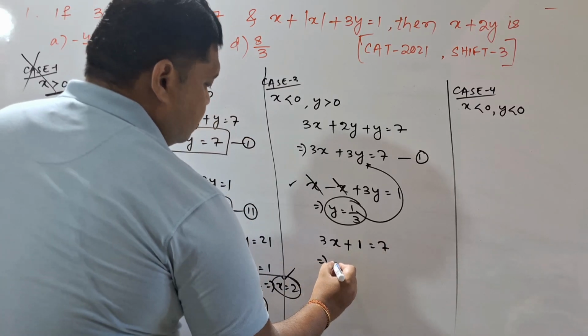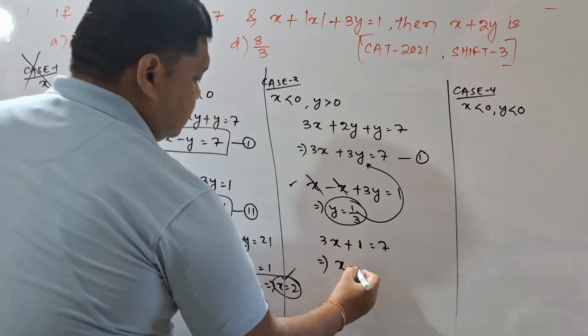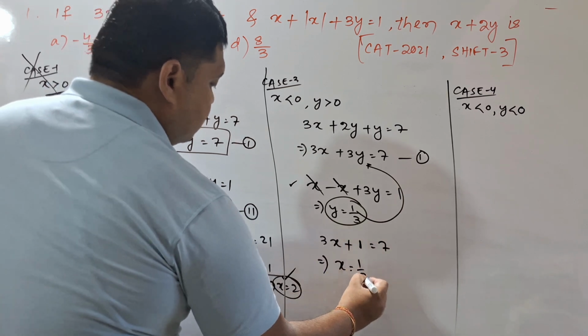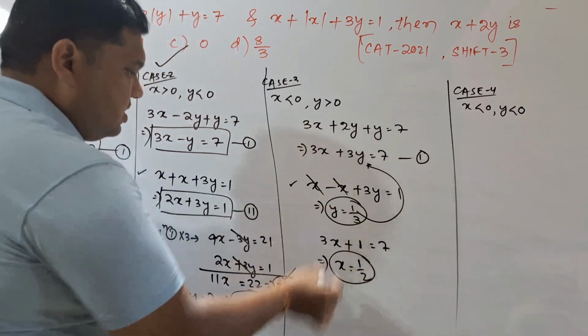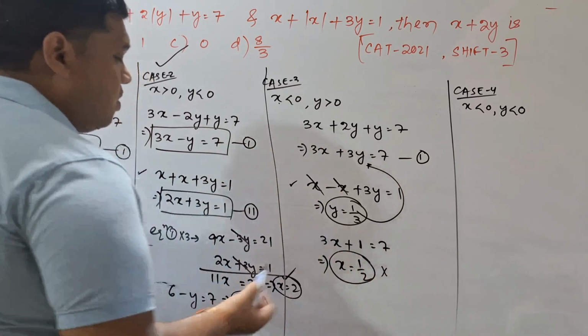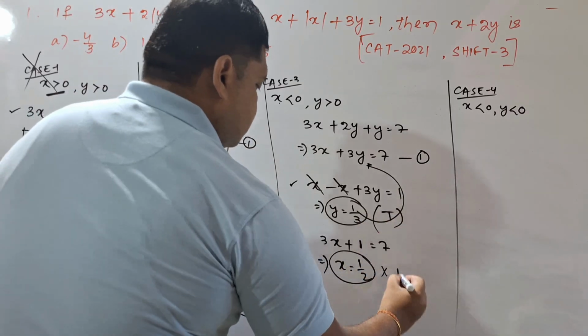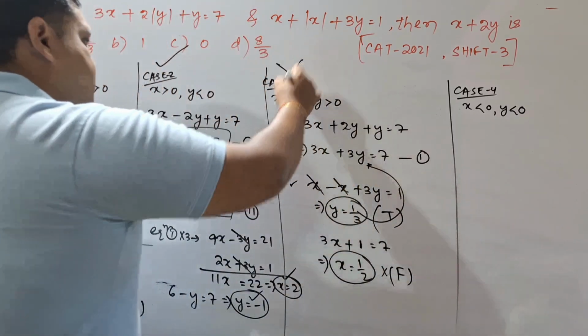So here x is equal to how much? This goes to that side, so this becomes 6. So x is equal to 6 by 3, which is 2. In this region, I considered x negative, but I get positive. Wrong. And y positive, so this one is true, but this one is false. So I don't consider this case.